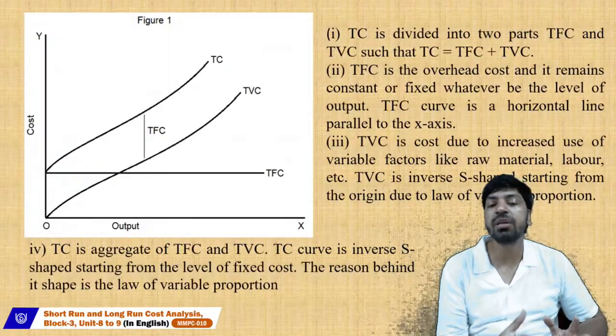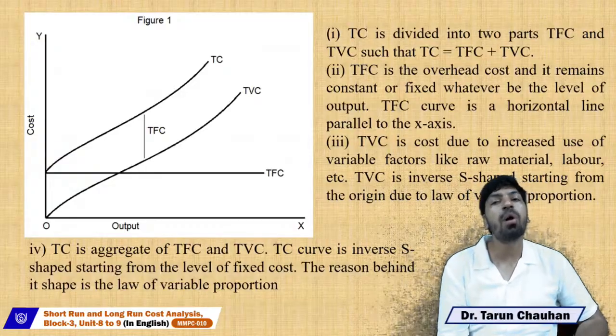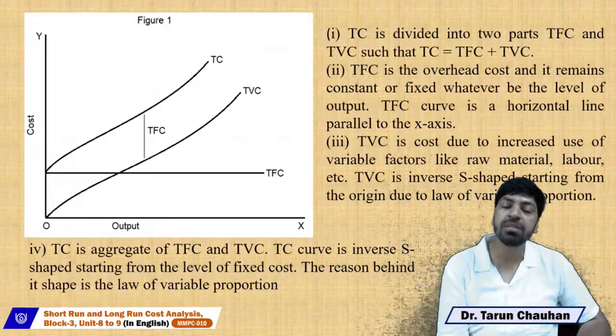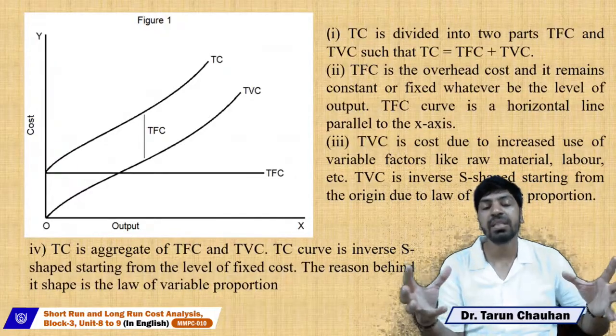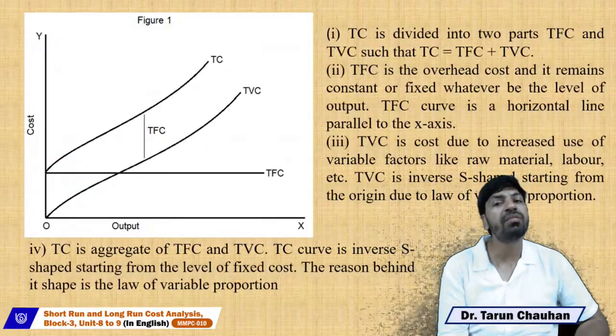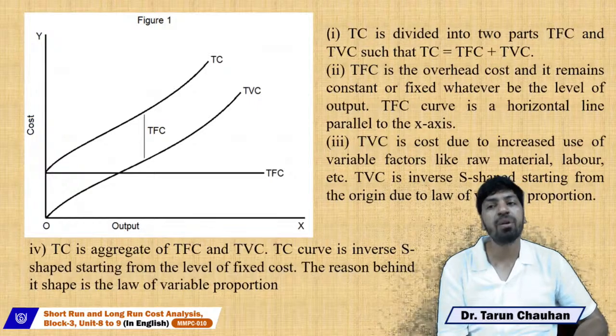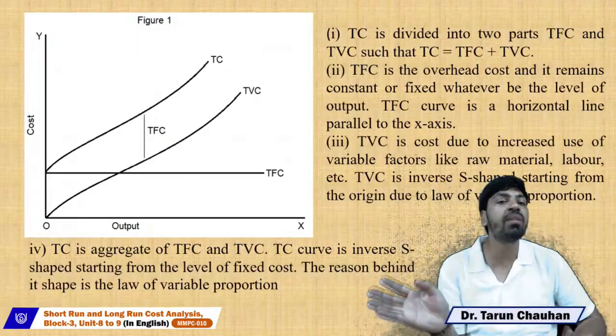So the relationship is shown in terms of four main points. The total cost is divided into two parts: total fixed cost and total variable cost, and mathematically, adding up these two costs gives the total cost. Total fixed cost is an overhead cost, and it remains constant whatever the level of output.